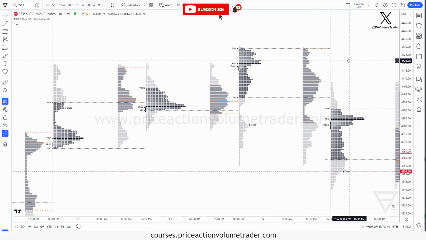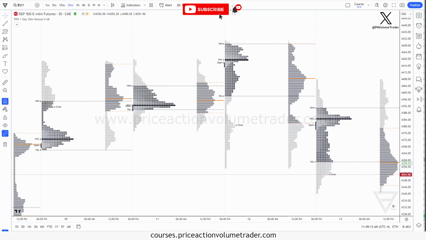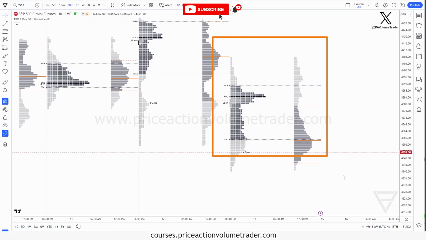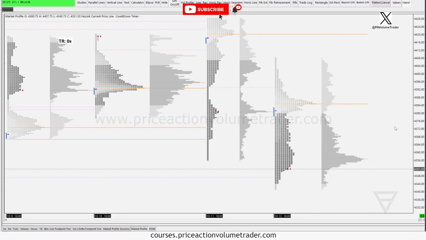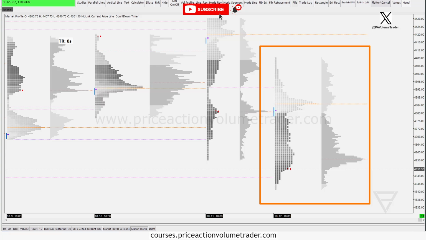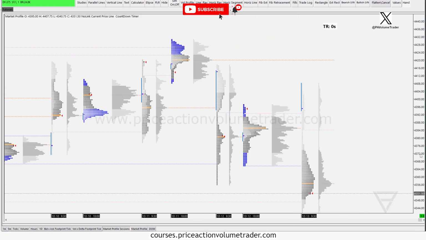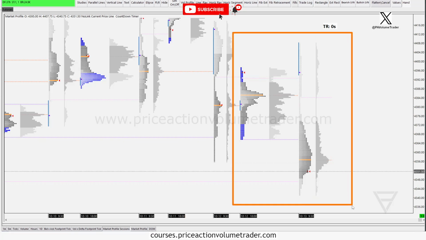When it comes to futures, some people like myself, I like to split this into both sessions. So for example, if we look at this profile from Friday here, if I go into Sierra Chart, that is this same profile here, but I have an option here where I can split it by sessions. So if I go here, you can see that I have two profiles on Friday.